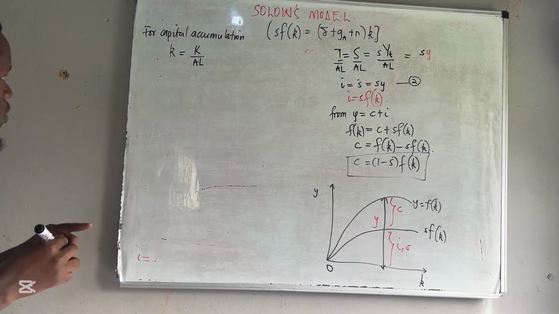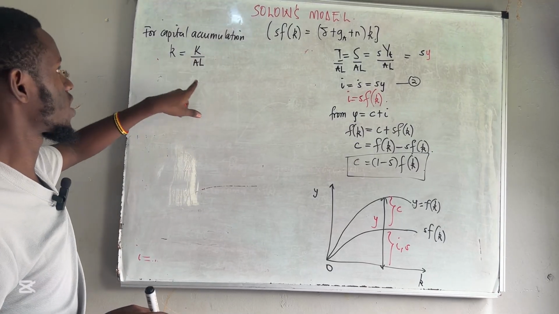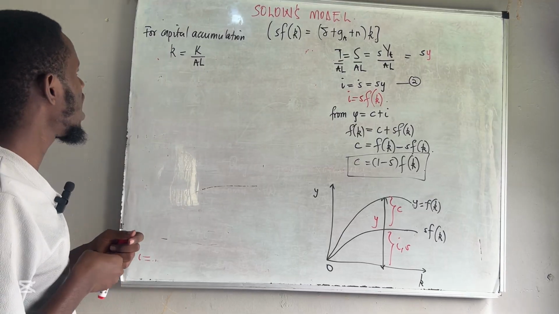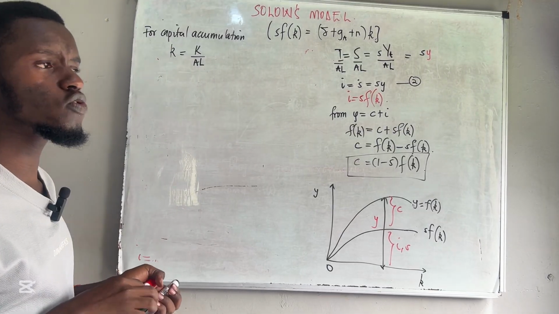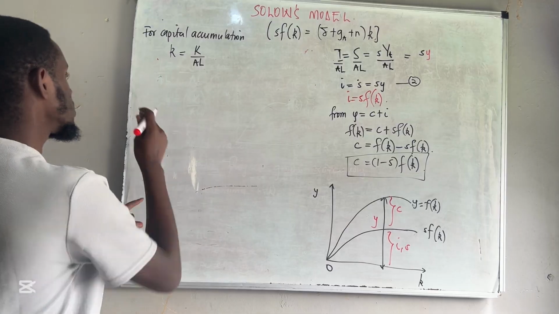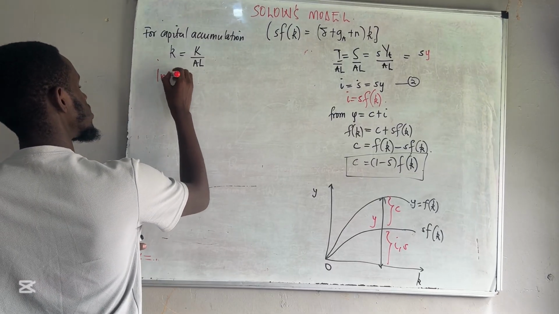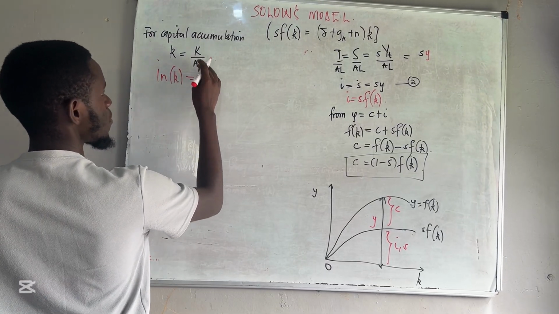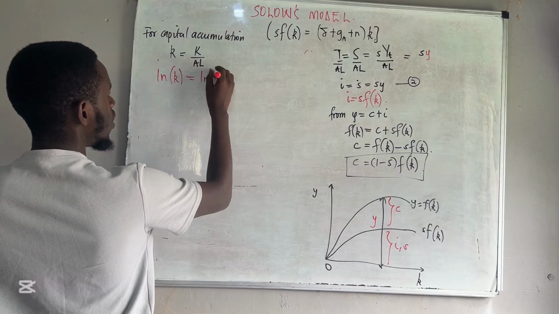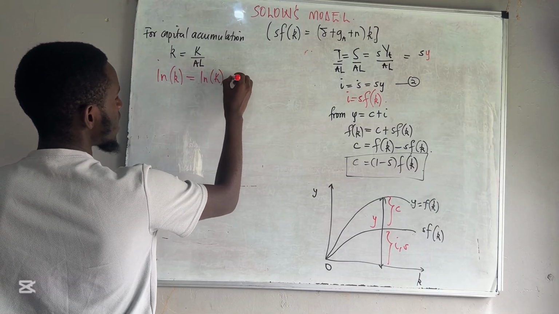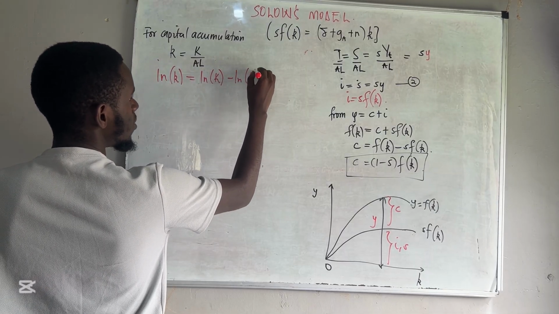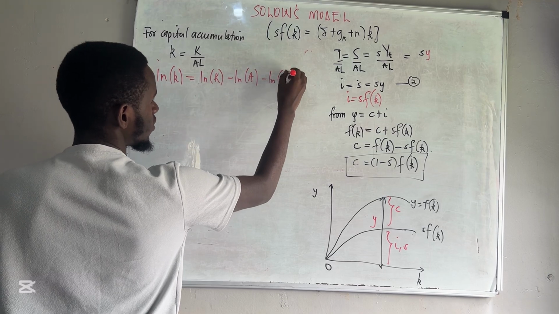Small k equals capital K over AL. Capital per effective worker is this one. Now, I want to introduce natural logarithms on both sides. If I put natural logarithms here, I have ln small k equals, because this is a fraction, ln of K minus ln of A minus ln of L.